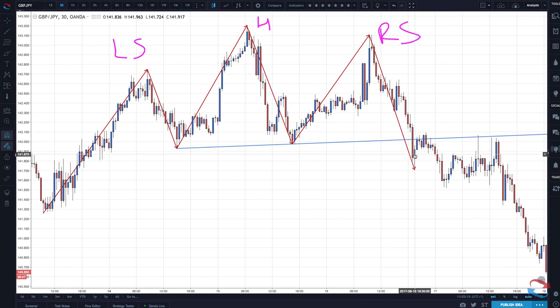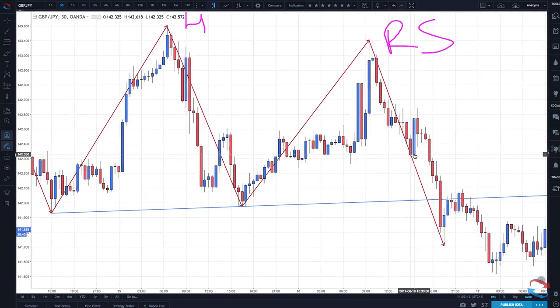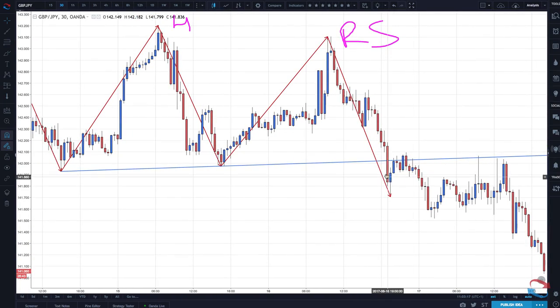So prices ended up pulling back to here. You may not have seen a bearish engulfing or a bearish pin bar at this level on this time frame. Maybe on a lower time frame, on a 15-minute, a 5-minute, this may have looked quite bearish.